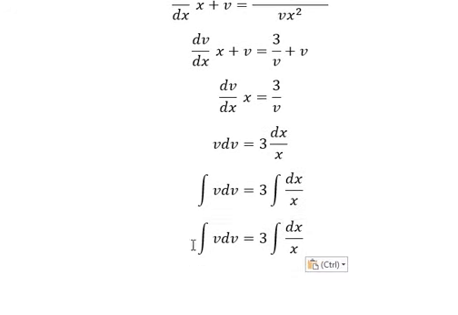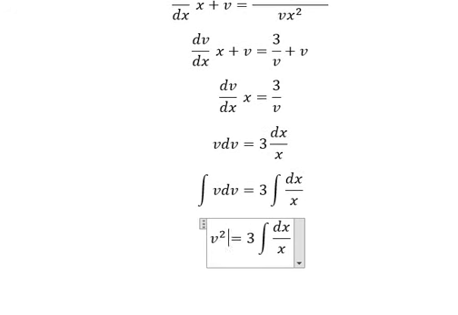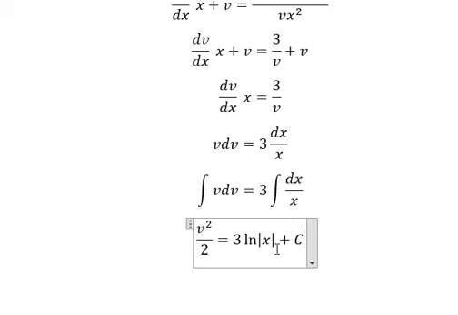The integration of this one, we have v squared over 2. The integration of this one, we have ln of the absolute value of x. And we put c.